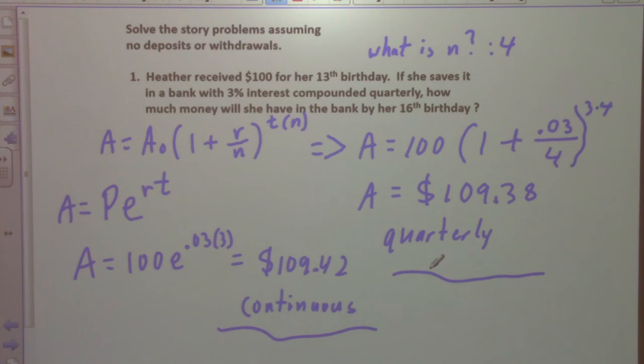Okay? I got a question. So is monthly going to be 12? Is n for monthly going to be 12? Yes, it is. If it says annual interest, they're usually talking about annual interest, so then n would be 12.